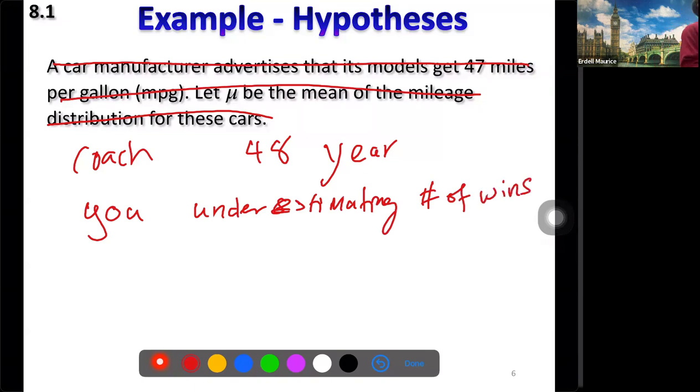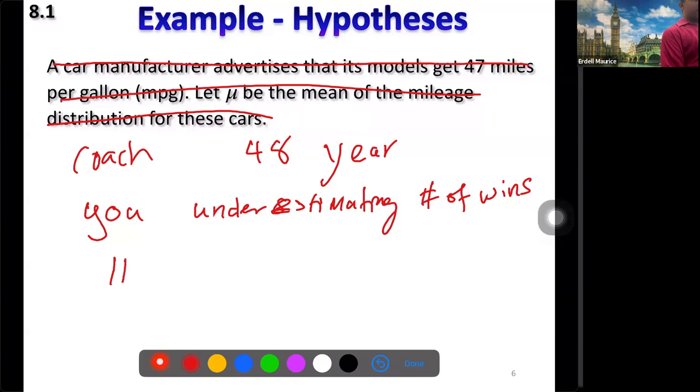Right? Because coaches like to do that all the time. They don't want to say, "Oh, we're gonna win every game this year." They don't get held to that standard. Which is okay. We expect to win around 48 games this year, right? But you believe that they're underestimating the number of wins that they're going to have.